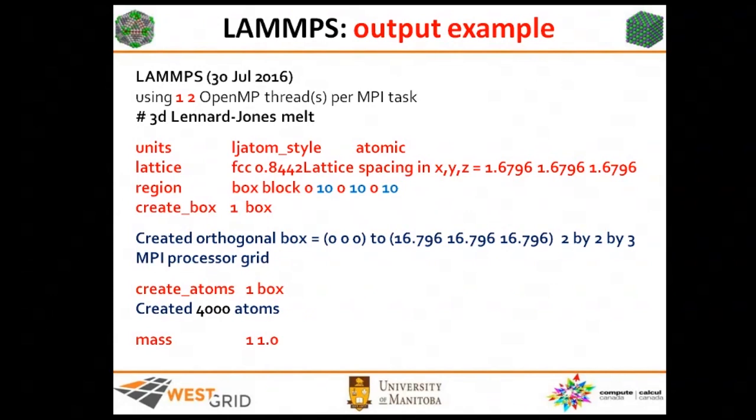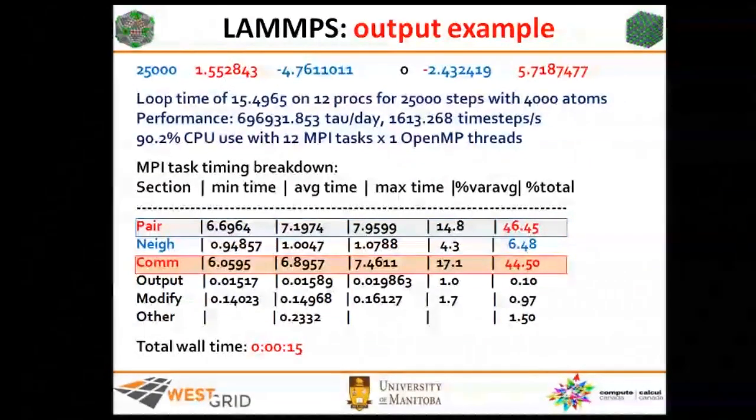So now I have to go back to my slides. We have seen how to build LAMMPS and how to run it, and now the question is how to read the output files. When you run LAMMPS, it prints all the input data you have used.